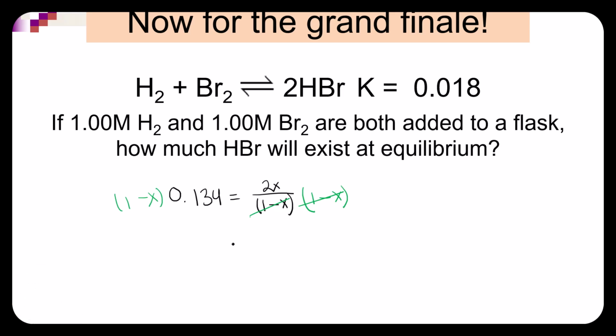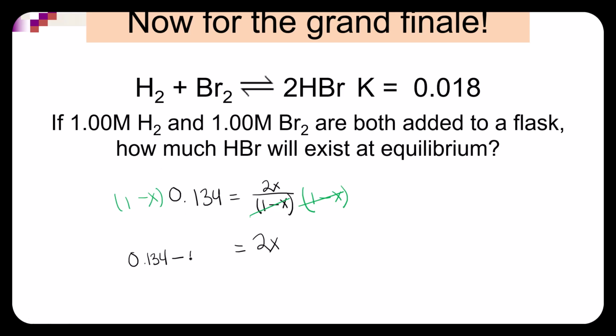All right, so left over here on the right side is just that 2x. Over here on the left side, I'm going to distribute this through the parentheses. So we've got 1 times 0.134, so that is 0.134, minus 0.134 times x.